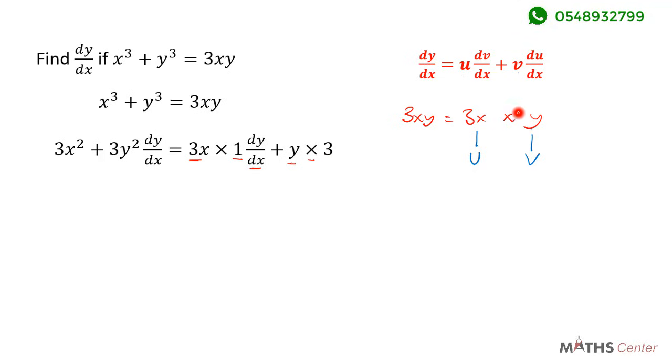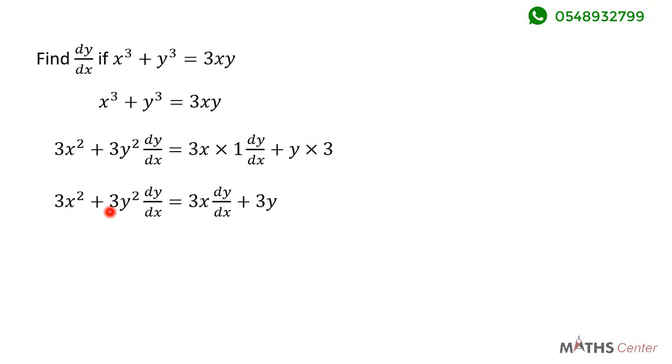Then times, you differentiate u. U is 3x. When you differentiate 3x, you have 3, just as you can see here. Now we can simplify and then find our dy dx. This gives us 3x squared plus 3y squared dy dx is equal to 3x dy dx plus 3y.